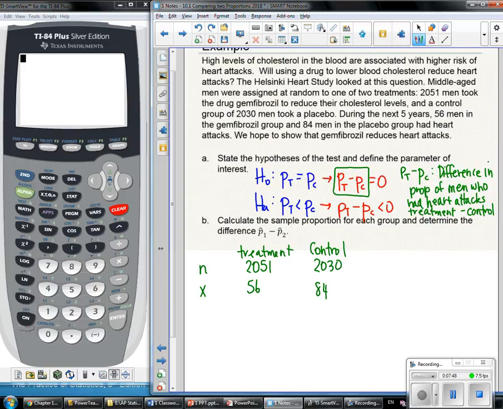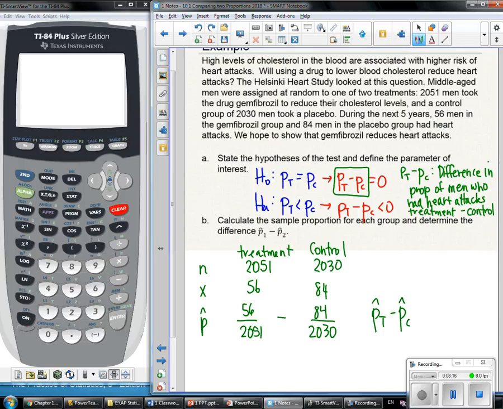And then I want to figure out my p-hat values. So I'm going to actually leave them as a fraction. So this is going to be 56 out of 2051, and this is going to be 84 out of 2030. Because my goal is to find the difference, p hat sub t minus p hat sub c, I simply want to subtract those two quantities.